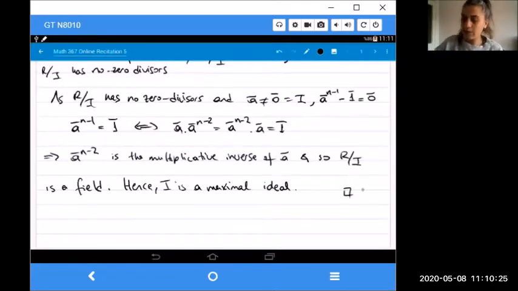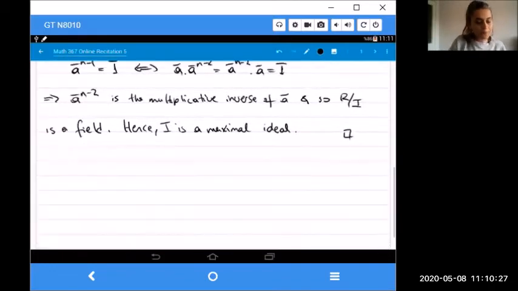Okay, this is it. Now, second question. Let me check my notes here. Our second question is about irreducibility of a polynomial.